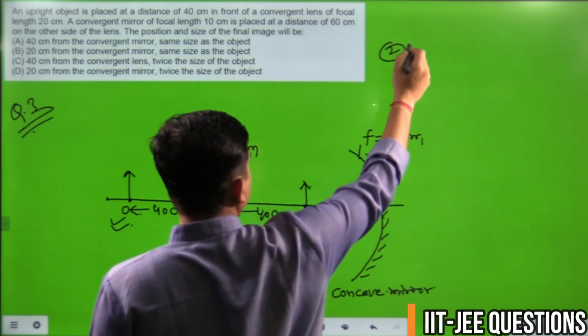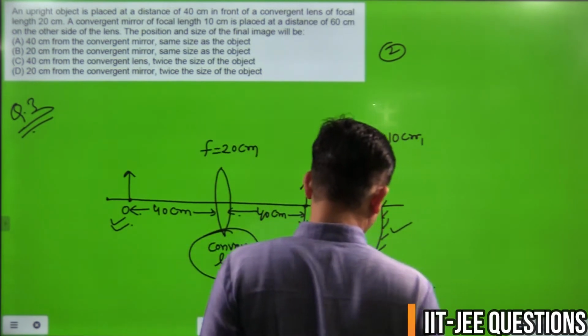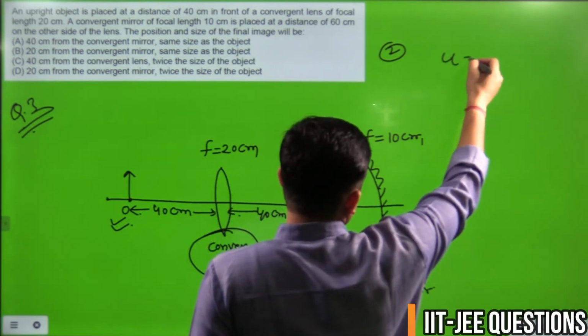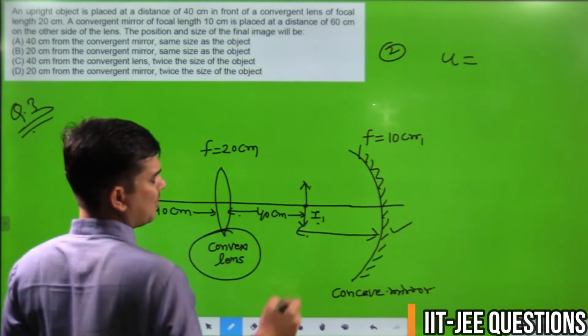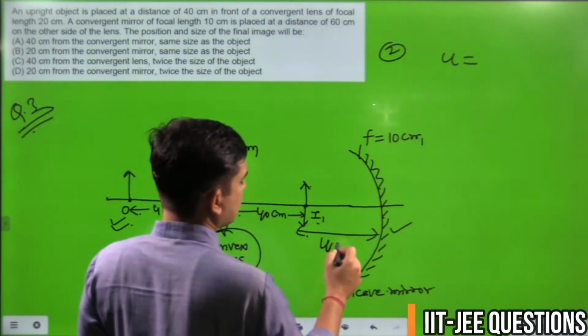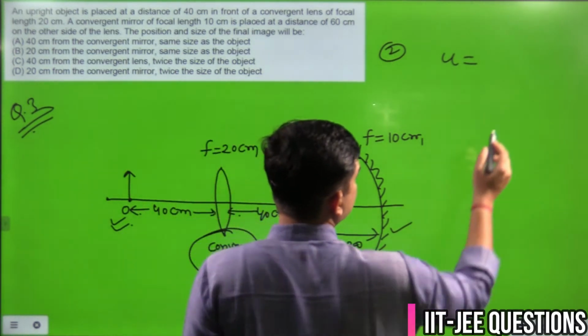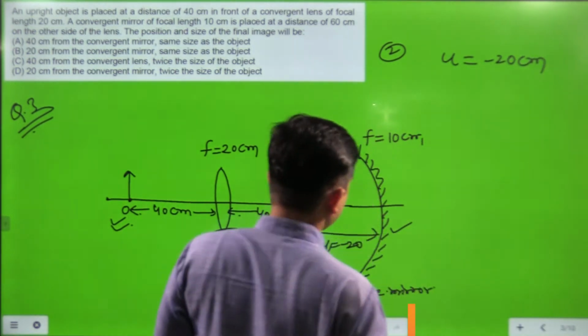Now let's calculate the reflection. Now this image is the object of the mirror. It means u is -20 centimeter.